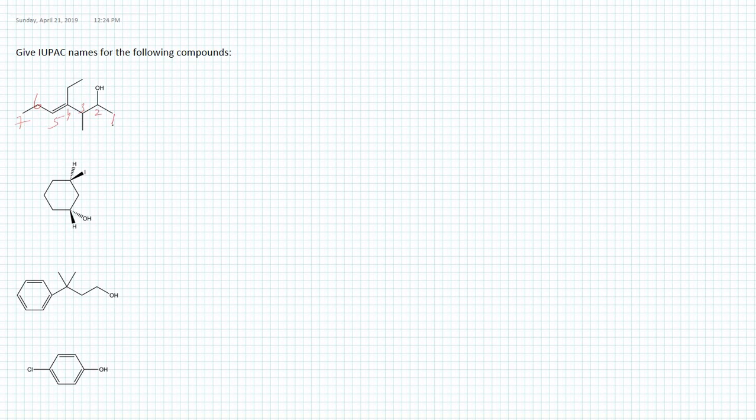So let's say that this is 7. 7 is heptane if it is an alkane, but this is not heptane. It includes a hydroxy group, so this has to be heptanol. But we have to also include the carbon-carbon double bond functionality, which is an alkene.